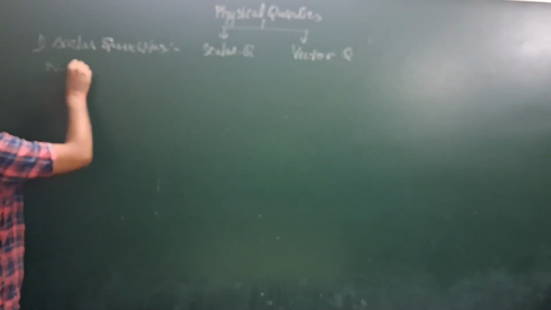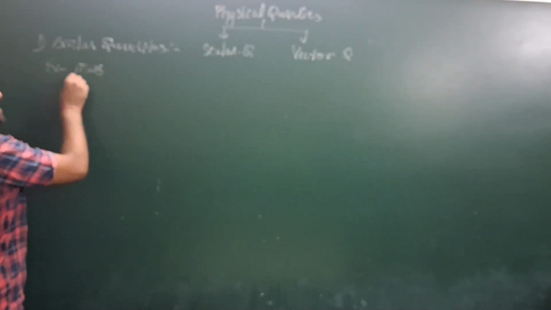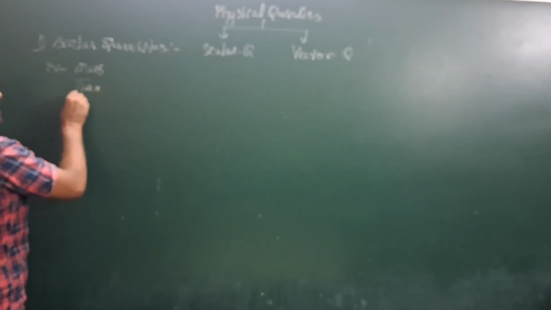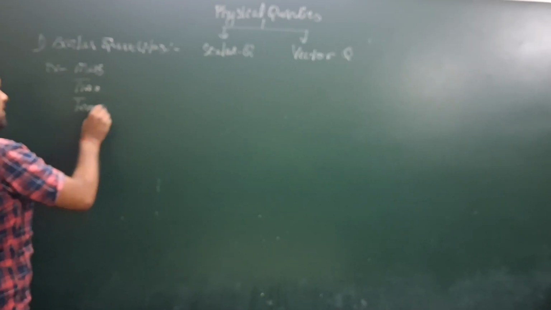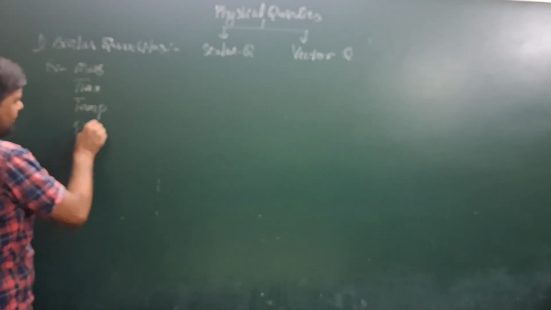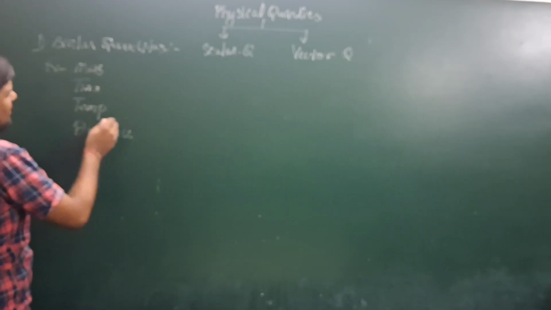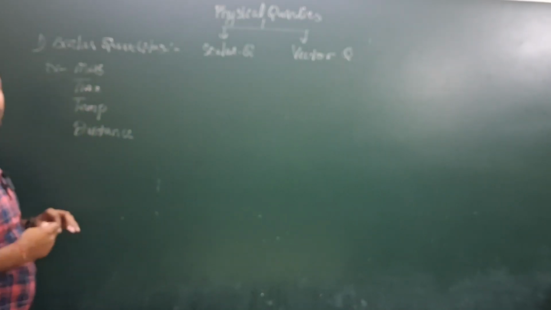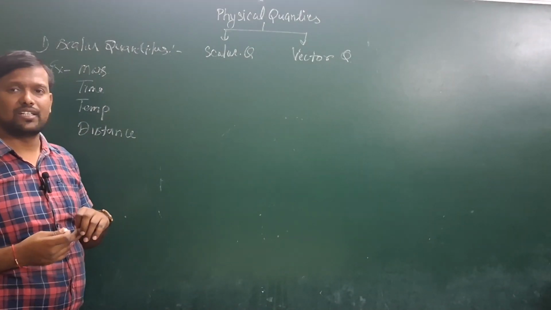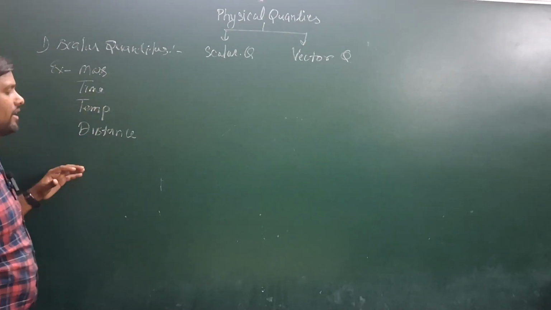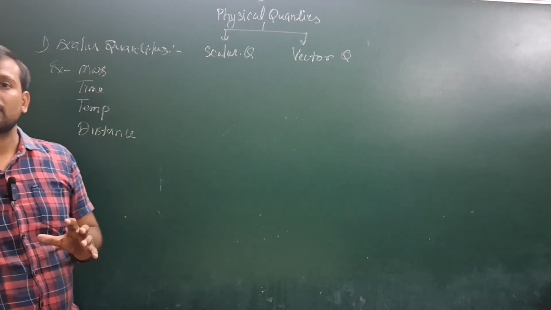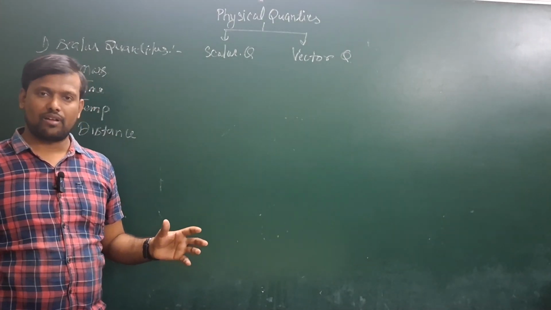For example, mass, time, temperature, distance. These are physical quantities for which we have no need of any type of direction to represent them.